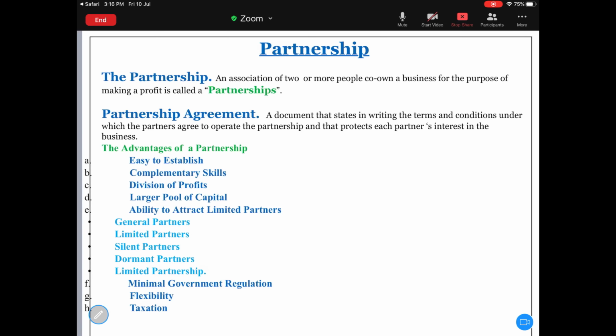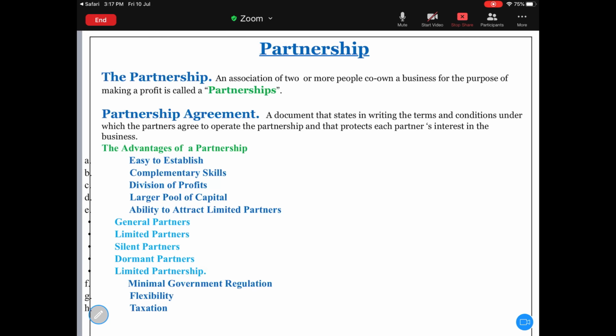Obviously, when there are more than one people who want to run a show, run an organization, they must write a document so that the conditions about the responsibilities, profit sharing, the capital involvement, the investment, and other things like who will be responsible for the financial affairs, who will be managing the manufacturing or the trade side, who will be responsible for the marketing.